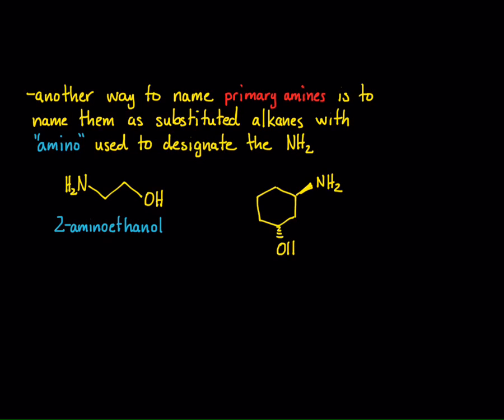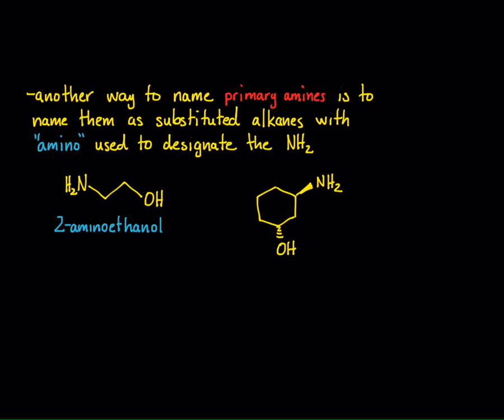So here I have an example of a cyclic alcohol and amine. Notice I'm throwing in a little bit of stereochemistry here. So if I look at how to number this, obviously the carbon with the OH would get carbon number 1. The carbon with the NH2 would get carbon number 3.